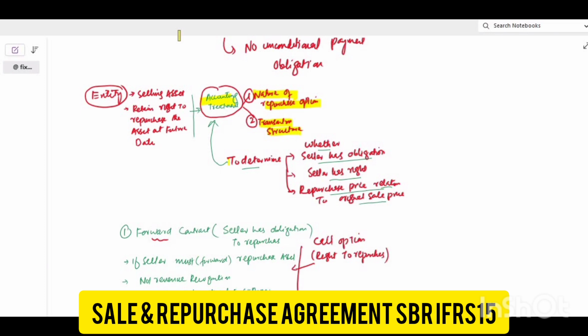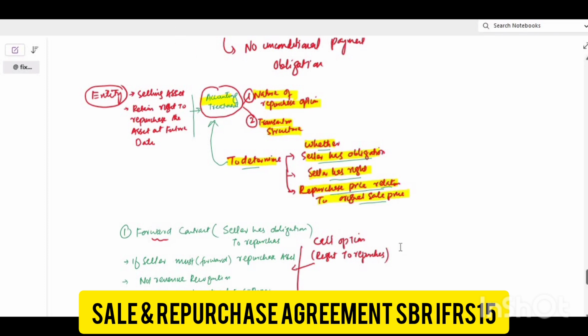For that, you have to determine how to account for it. You have to take into account whether the seller has the right or the obligation, and you will also consider the repurchase price in relation to the original sale price.